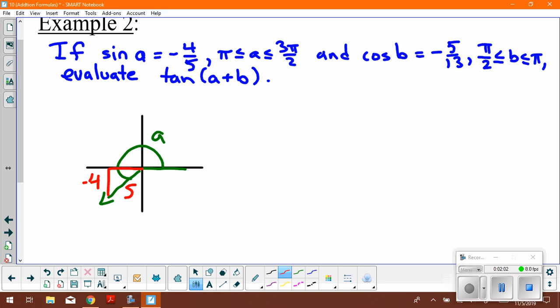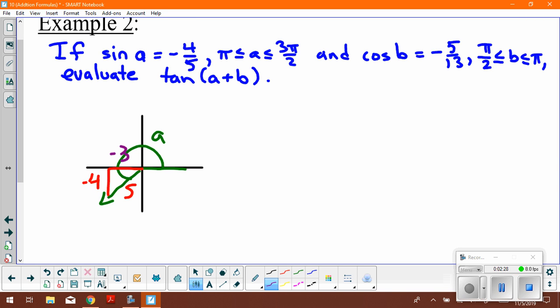Okay, so we need to find the remaining side. We would use the Pythagorean theorem to find the remaining side. We've done the Pythagorean theorem lots, so I don't think I need to go through those steps. So for the adjacent side of that little triangle, that's going to end up being negative 3, right? 3 squared plus 4 squared is 5 squared, and it's negative because it's on the left-hand side of the axis there.